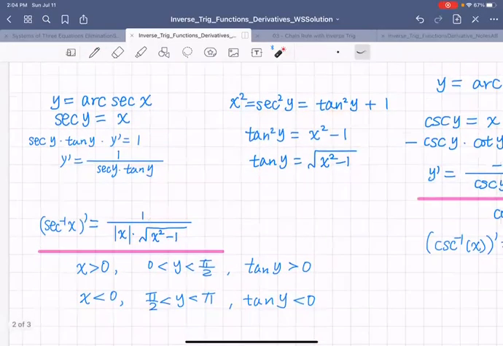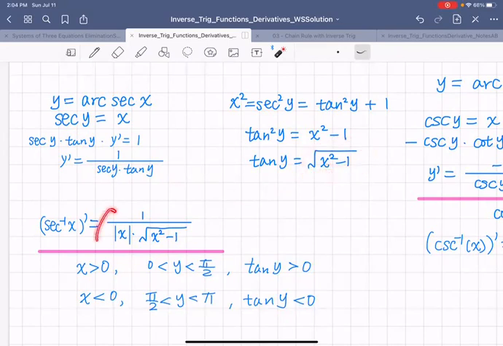So when we write down the y prime of this, the arc secant x derivative equals 1 over secant y times tangent y. This is x. This is the square root of x squared minus 1.